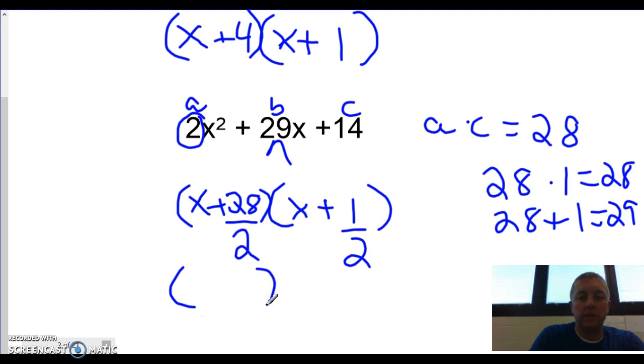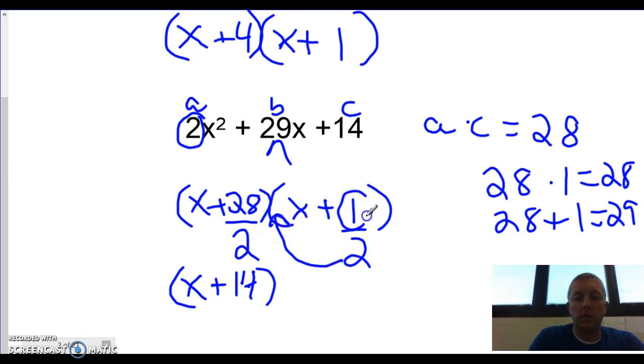So in this case, 28 divided by 2 is 14, so we'll write that as x plus 14. If it doesn't simplify, and we can't reduce it any further, in this case, the 1/2, what you want to do is take the 2, put it in front of the x, and keep the 1 as it is where it is. So that becomes 2x plus 1.